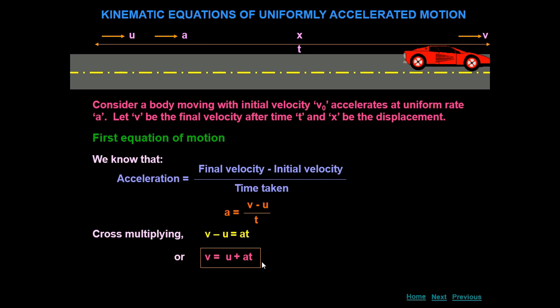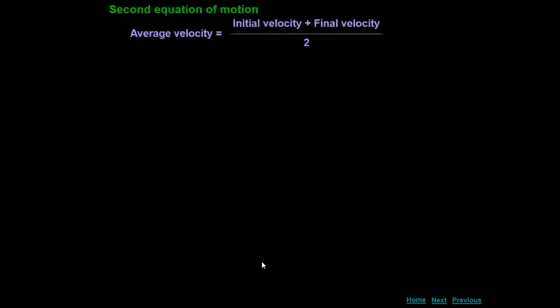We will see the second kinematical equation. For that we are using the average velocity. Average velocity is equal to initial velocity plus final velocity divided by 2, as we have learned already. For initial velocity we are taking u, for final velocity we are taking v. So v average is equal to u plus v divided by 2.